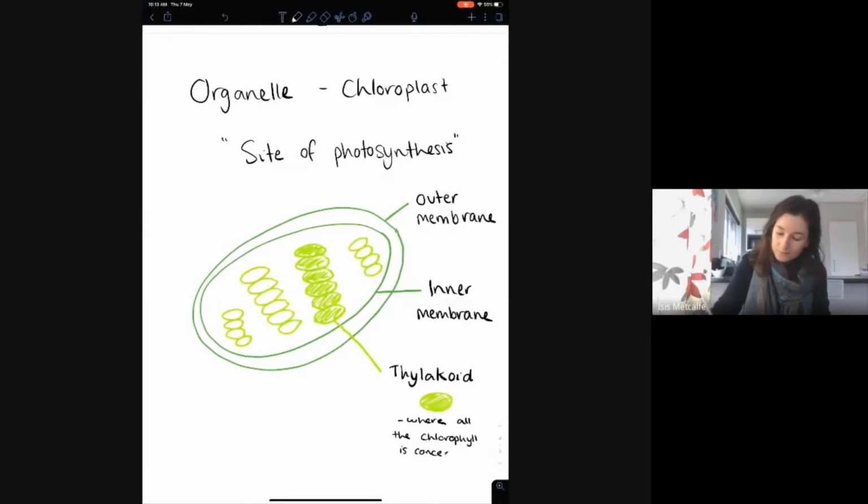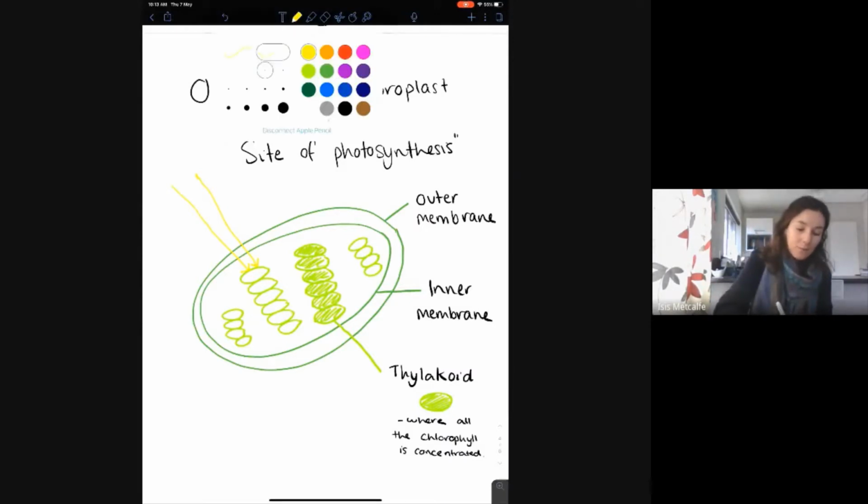When the sun beams down, those photons from the sun hit the thylakoid and excite the chlorophyll, and that's what triggers the reaction of photosynthesis. So thylakoids are very important.